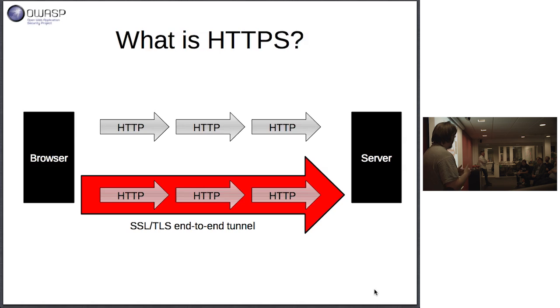HTTPS is really only normal HTTP being tunneled through SSL or TLS encryption. So it's not some fancy protocol. There are a few special things about it, but really, if you go down to it, it's mostly just HTTP being tunneled over SSL.